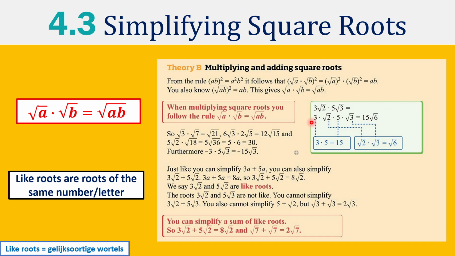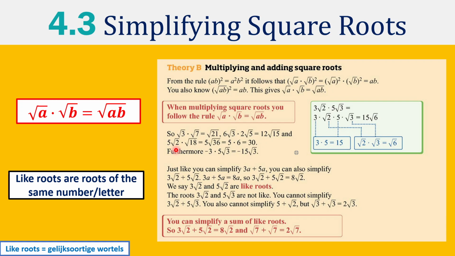First, multiply the numbers in front, the 3 and the 5, and let them stay in front. 3 times 5 is 15. Inside the square roots, you get 2 times 3. Square root 2 times square root 3 is square root 6. So my answer is 15 square root 6.